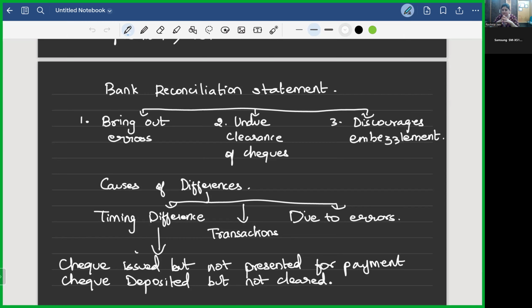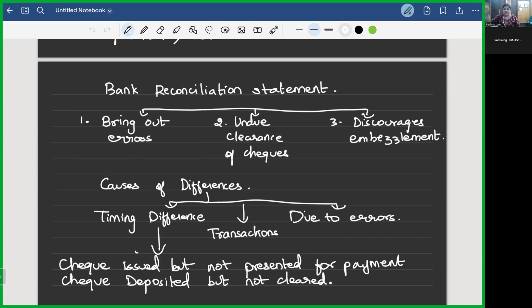First, timing difference: cheque issued but not presented for payment. Whenever I issue a cheque, I quickly go to my cash book, credit side, payment. I made a payment to the supplier, so I put it into my accounts in the cash book bank column, credit side. Now, when will the bank know about it? When it is presented for payment by the supplier. The other person goes to the bank and presents the cheque for payment.